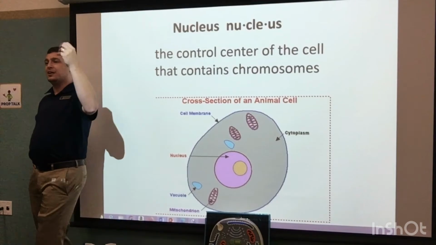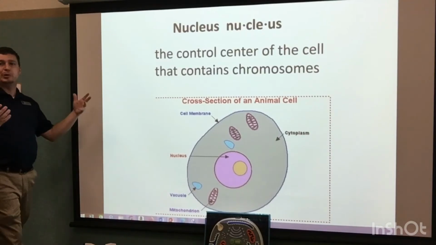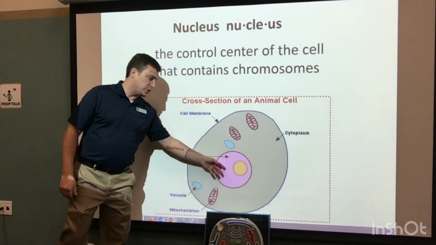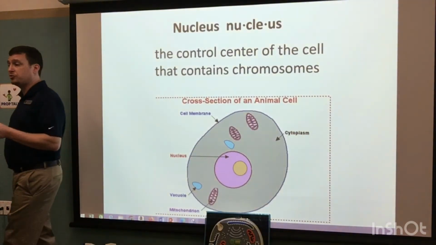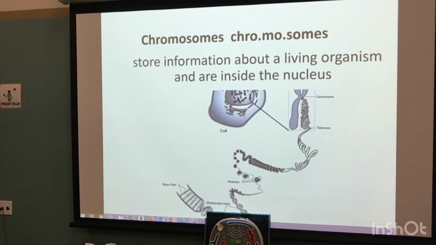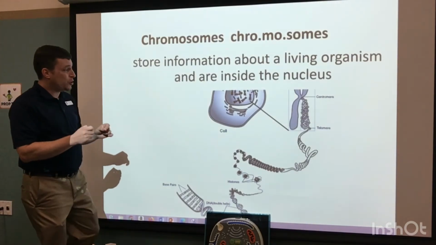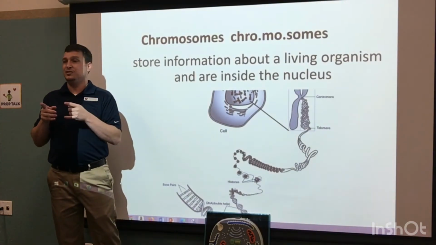Now chromosomes are basically like libraries filled with books and information. Sorry, you don't really have books in your nucleus, but you do have these special things called chromosomes. So chromosomes store information about that living organism. So your chromosomes inside your nucleus contain information about you.